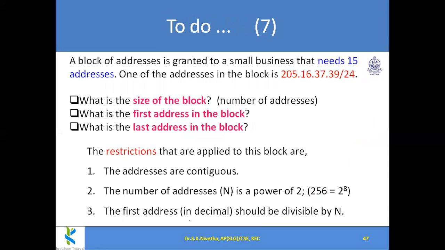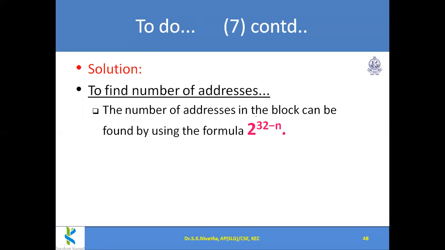Now, a block of addresses is granted. So coming back to the question, one by one we shall identify the size of the block, first address, and last address. To find the number of addresses, that is the size of the block, we should use the formula 2 power 32 minus n.